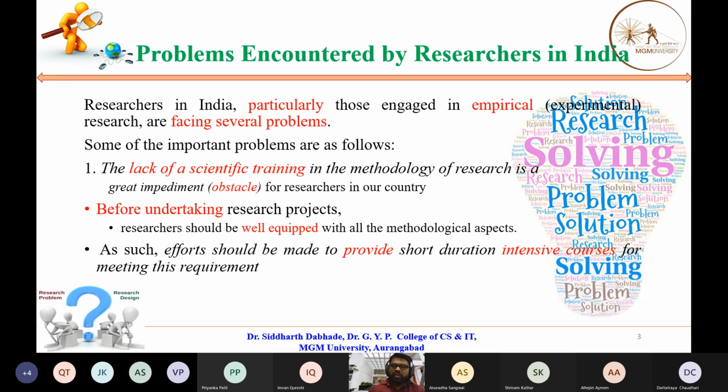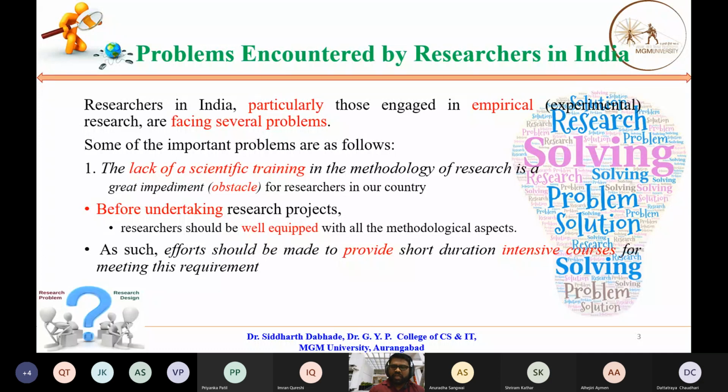The students or people are facing so many problems because they have not well acquired the scientific knowledge of how to perform research work. That is why UGC has decided to forcefully give this type of training, so you are doing the pre-PhD research coursework.